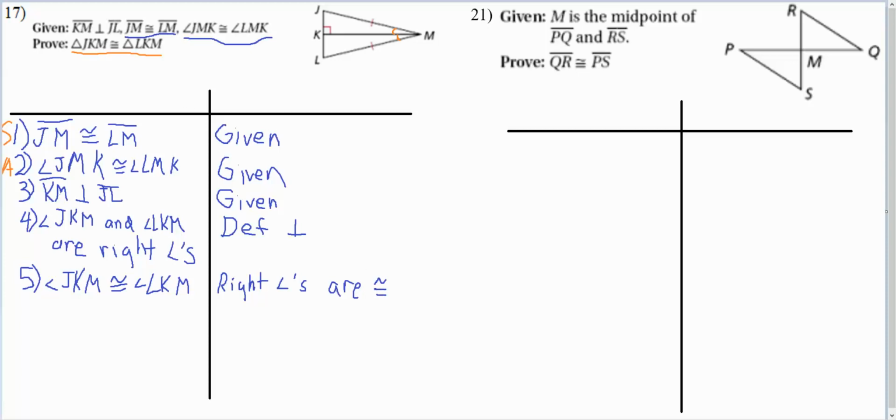So we hit a milestone there. Our milestone is that we proved angles are congruent. So we have 3 milestones. That should imply that we probably can do that prove now.